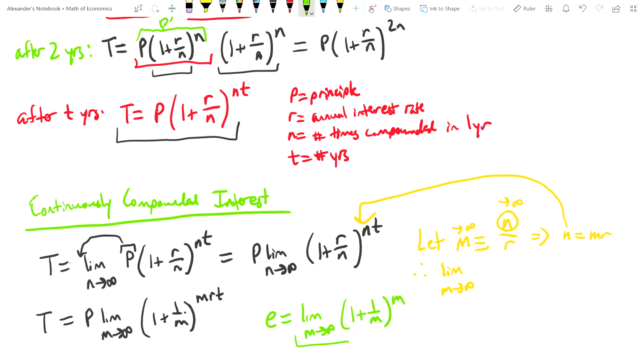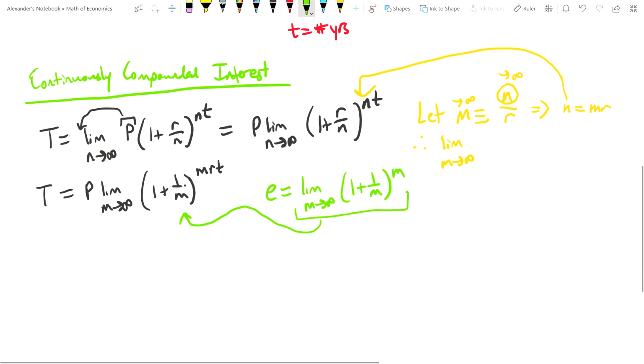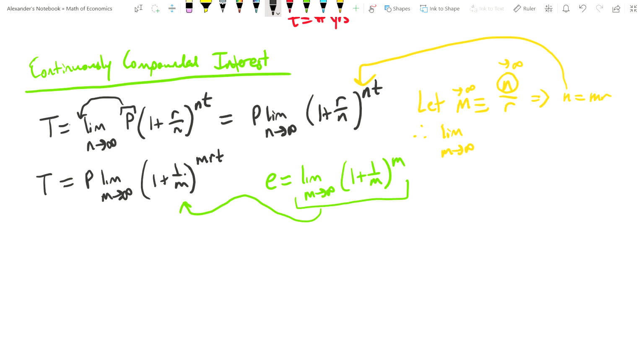So let's take this expression for e and plug it in here. Now our total is going to be P e to the rt, a very simple solution compared to the other solutions.